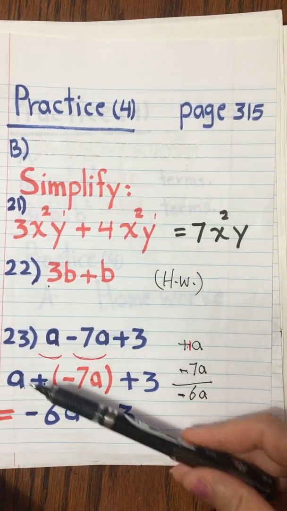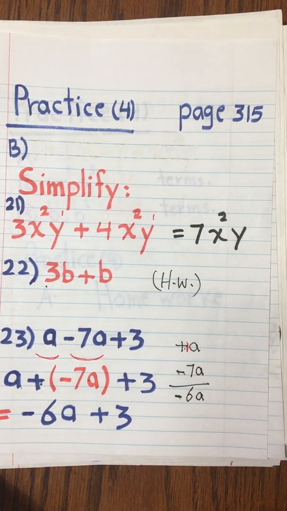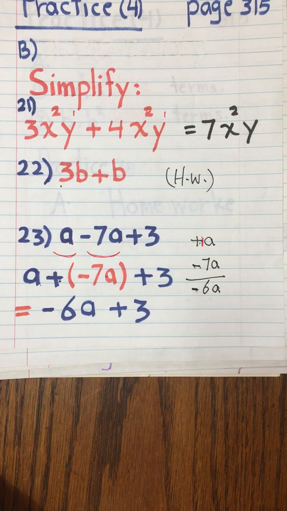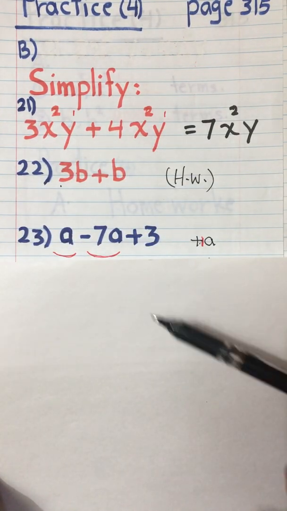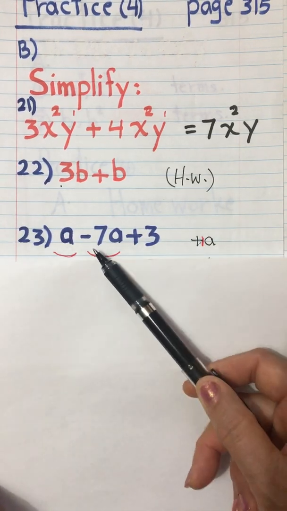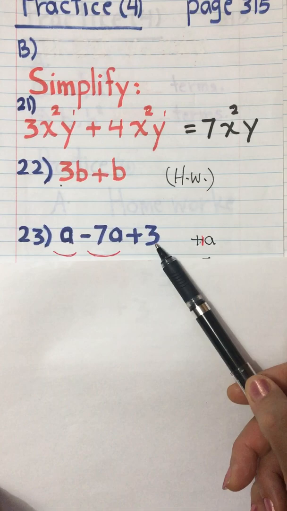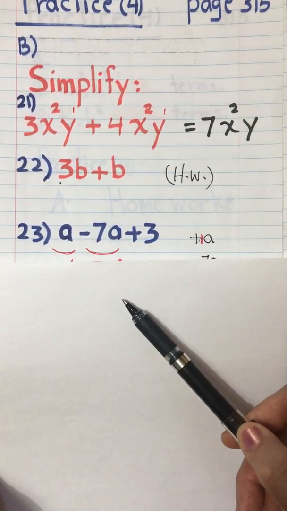22 is your homework. 23. A minus 7a plus 3. So right here, first step, let's find out how many terms do we have. A, 1, negative 7a, 2, plus 3, 3, so 3 terms, 1, 2, 3.